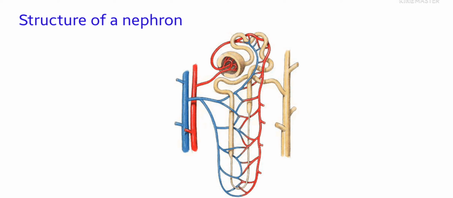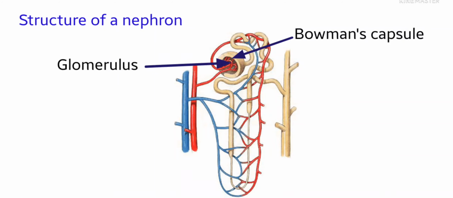Each nephron is about 3 centimeters in length and expanded into a round cup-shaped part called Bowman's capsule. Each Bowman's capsule encloses a ball of finely divided and intertwined blood capillaries known as a glomerulus.